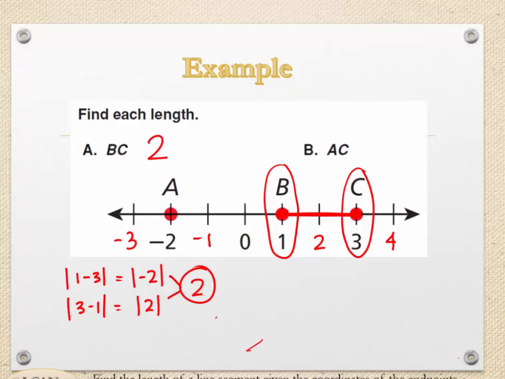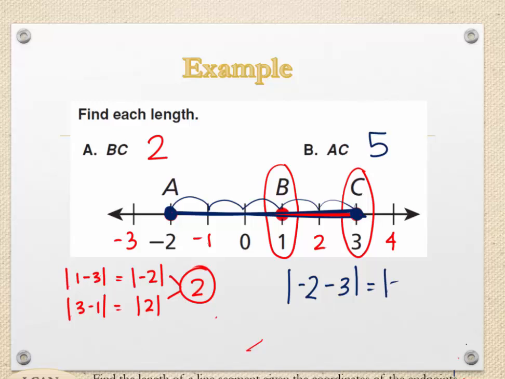Now AC is a little different because we have a negative number here, but it's going to work exactly the same. All I want to know is the distance between these. Now I know you're thinking, why don't we just count? And that's totally possible, but sometimes we might not be able to. So if we were to count, it'd be 1, 2, 3, 4, 5, a distance of 5. And we can prove that mathematically by taking the absolute value of point A, which is negative 2, and subtracting 3.